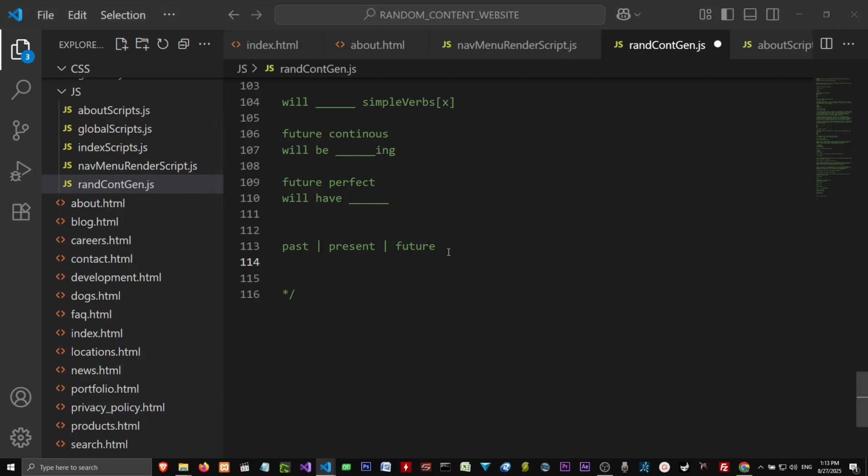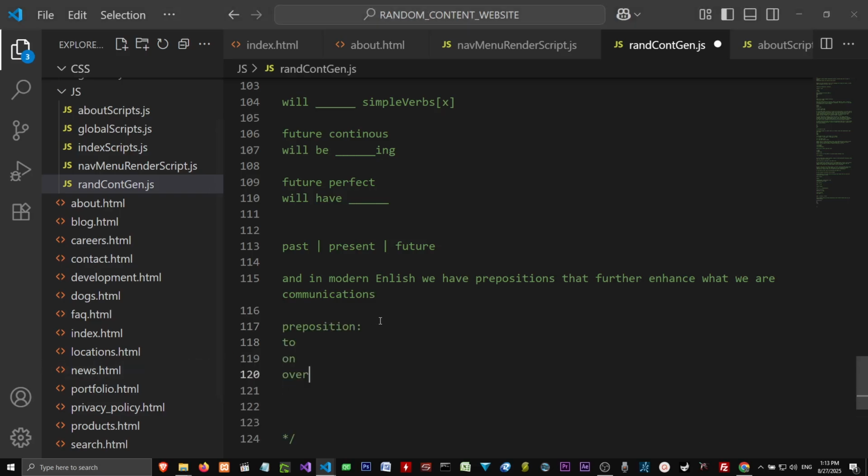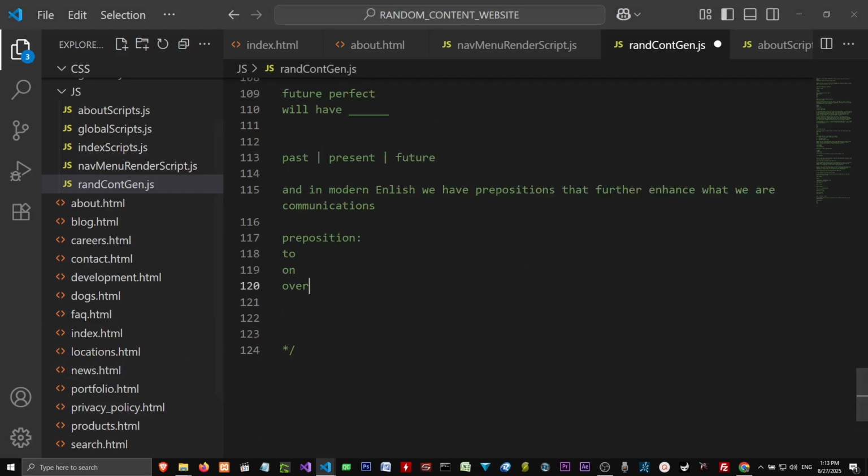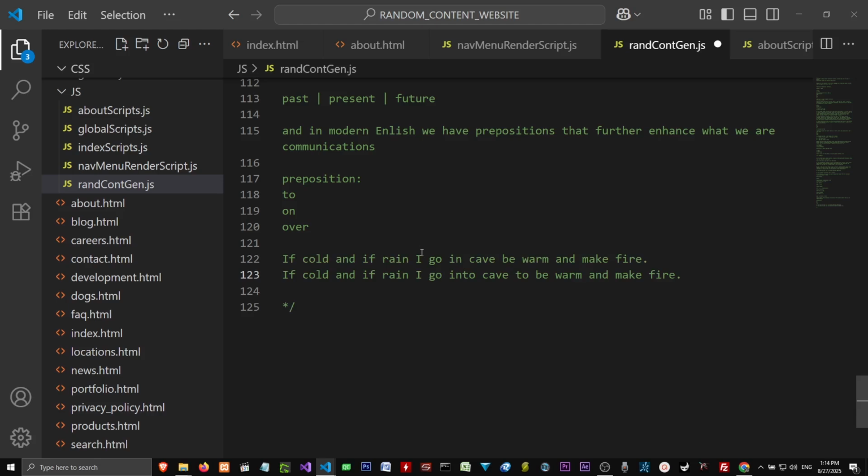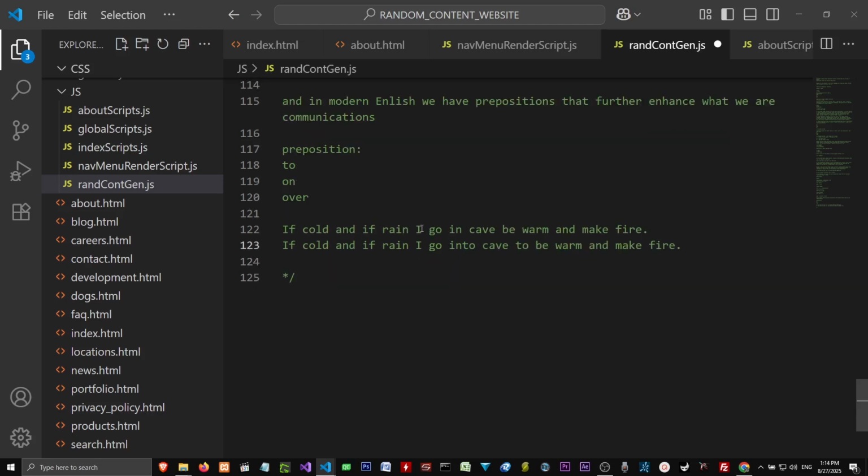And moving right along. In modern English, we have prepositions that further enhance what we are trying to communicate as far as time and locations for survival. I mentioned prepositions earlier, like to, on, and over. So going with our caveman example, if cold and if rain, I go in cave, be warm and make fire.